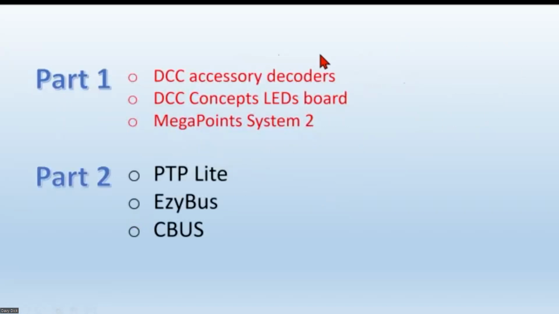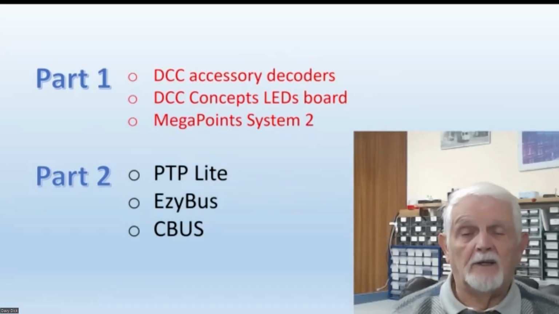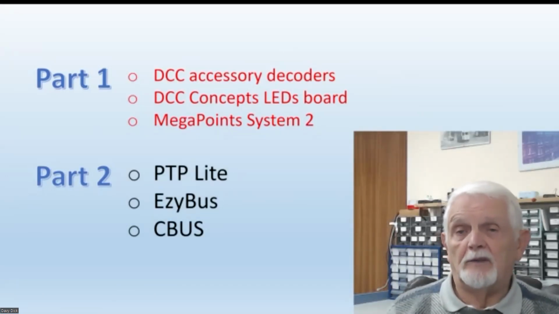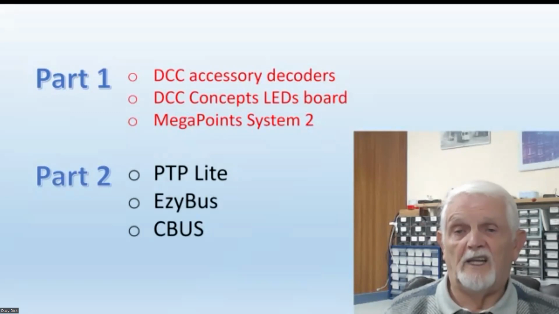In part 1, we looked at these. And today we're looking at peer-to-peer light, EasyBus, and C-bus. I should say you take your pick. It depends how complicated your needs are, whether you need simple activities or complex activities.